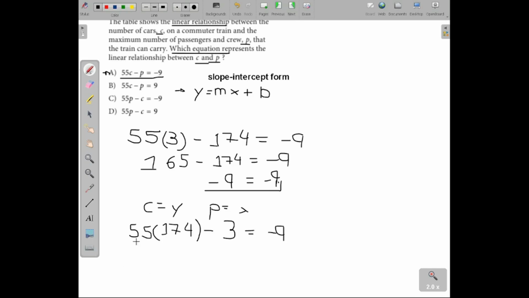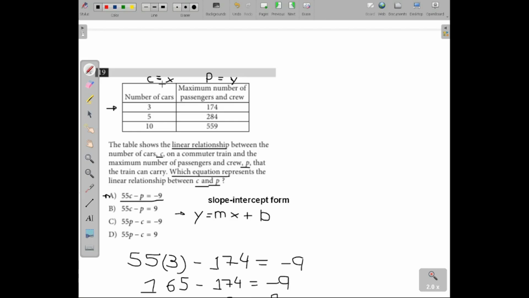So just looking at this, we know that it won't be consistent, because 55 times 174 is 9,570 minus 3 equal to -9. No, that won't happen. So this is the right way. C is equal to x.